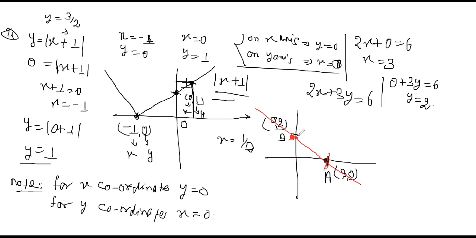Got it? So that is the first concept of the graph: you have to plot the graph, you will find the first point on the x-axis, and after that the point on the y-axis. Okay. Write down one by one.